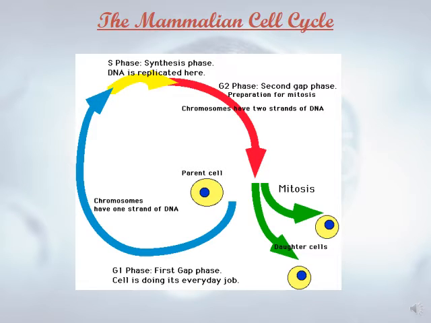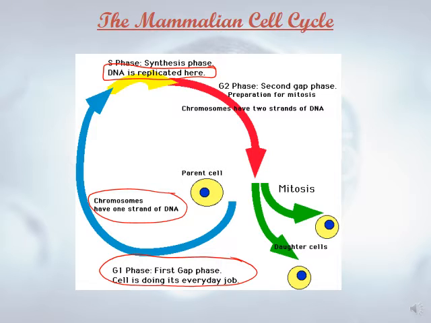In gap 1, the cell is doing its everyday job. Second, we have the duplication of the DNA, so DNA is replicated. In the second gap, the cell prepares itself for mitosis. As you see here, the chromosomes from G1 to G2 are of one strand of DNA, while after duplication of DNA during the S phase, the chromosomes have two strands of DNA.